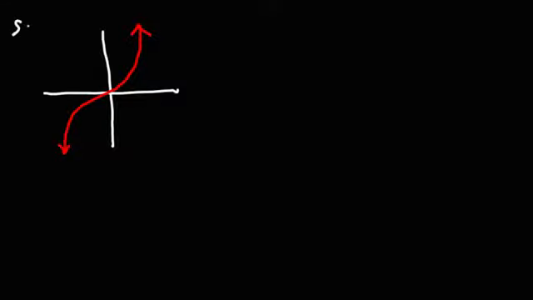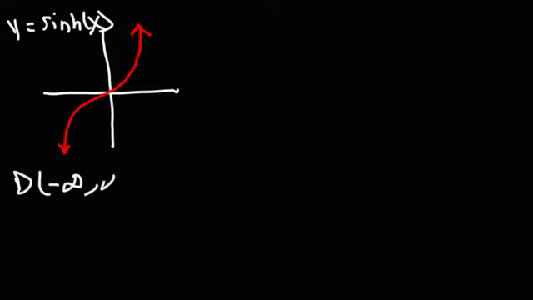Now let's talk about some of the graphs of the hyperbolic trig functions. So this is the graph of hyperbolic sine. We can represent it as y is equal to hyperbolic sine of x. The domain for this graph is all real numbers, and the range is all real numbers.